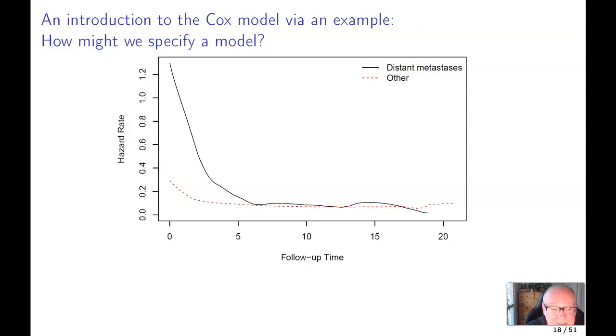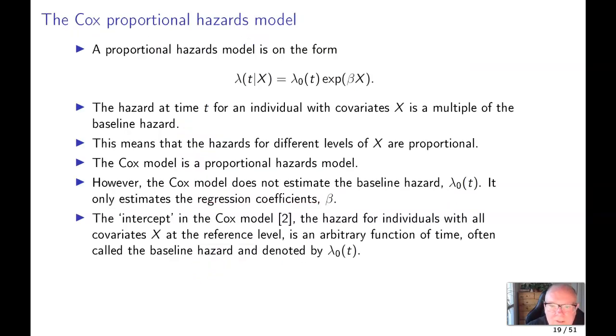So we want to model for the hazard where we will assume that the hazards for the two groups are proportional. And this is what the Cox proportional hazards regression model is. So this is how we write it. We want the hazard as a function of time and as a function of explanatory variables x, and we write it as the baseline hazard, which is the hazard function for everybody who has covariates 0.